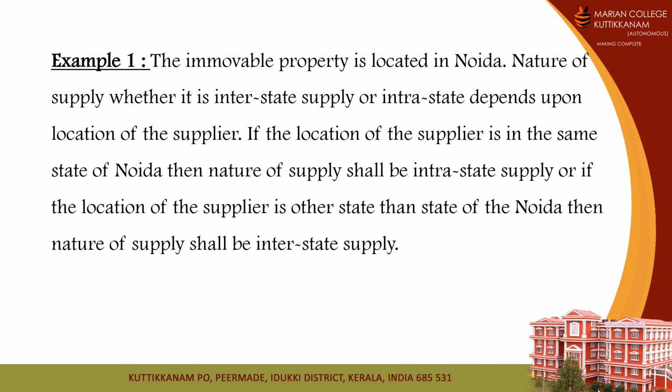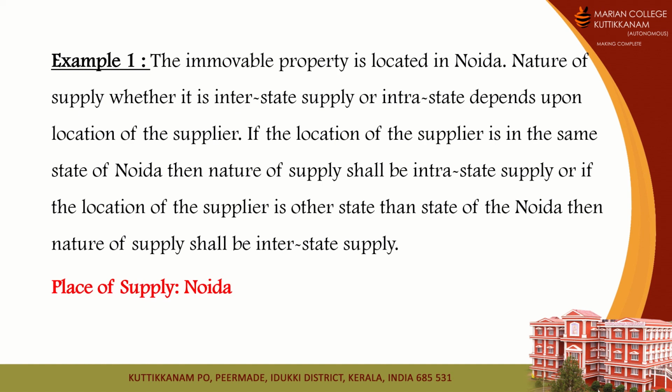If the supplier is in the same state as Noida, the supply is intrastate; if the supplier is in another state, it is interstate. In interstate supply, IGST is levied, and in intrastate supply, CGST and SGST are levied. In this example, the immovable property is located in Noida, so the place of supply of service will be Noida.